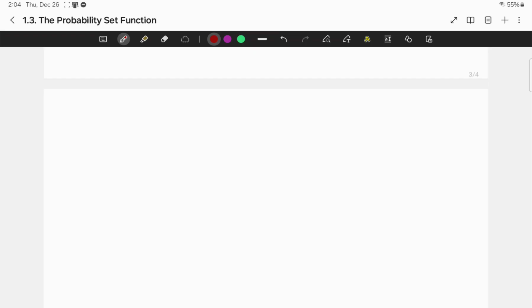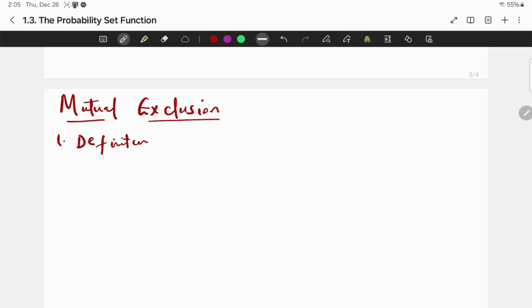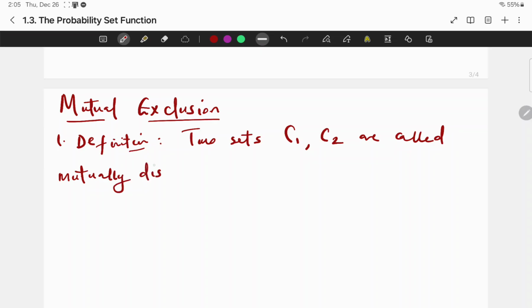We have mutual exclusion. Definition: two sets C1, C2 are called mutually disjoint if C1 intersect C2 equals the empty set, that is, there is no common element in both sets.